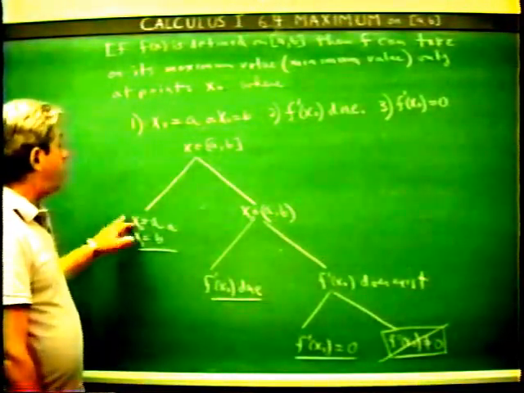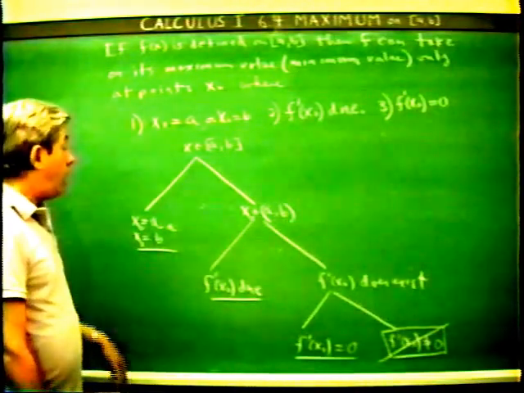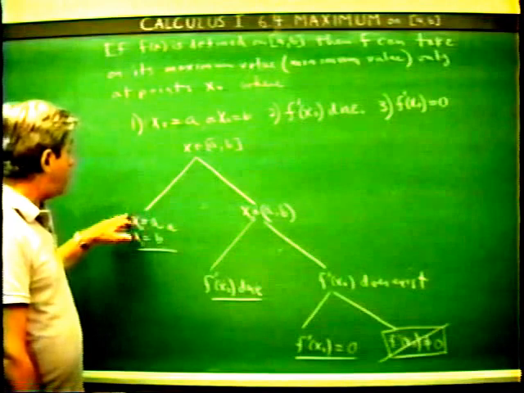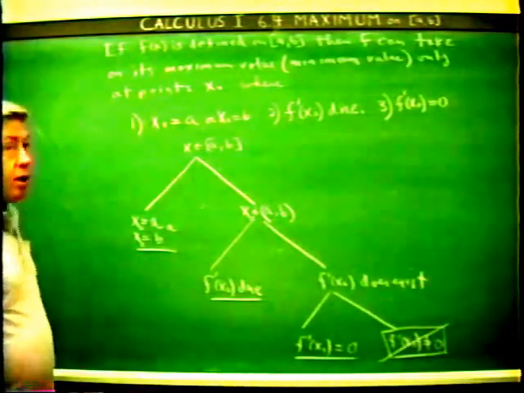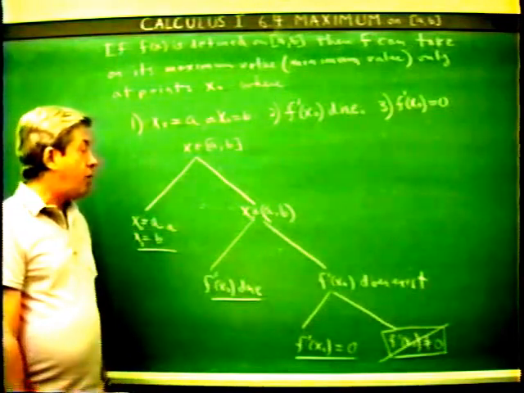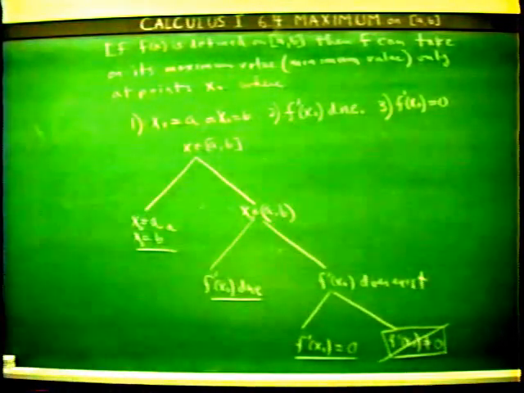If there are only finitely many such points, then at whichever point the function is largest, that's the maximum, and of those points, where the function is smallest has to be the minimum. Now we're going to use this for some applied problems in maxima and minima.